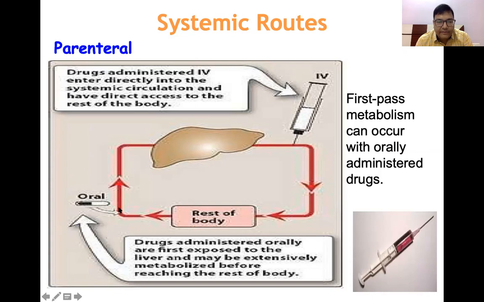While when we administer a drug orally, the drug after absorption reaches to the liver where a certain portion of the drug gets metabolized, and what we get to the rest of the body through the circulation further ahead is a lesser amount. So we require a higher dose to be given by the oral route. So that is what first pass metabolism is.